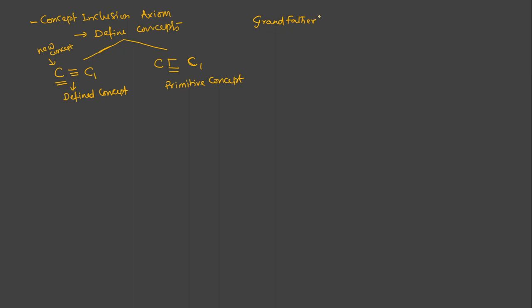Now you make this grandfather concept, this is our C, equivalent to person, and then intersection has child T, right?